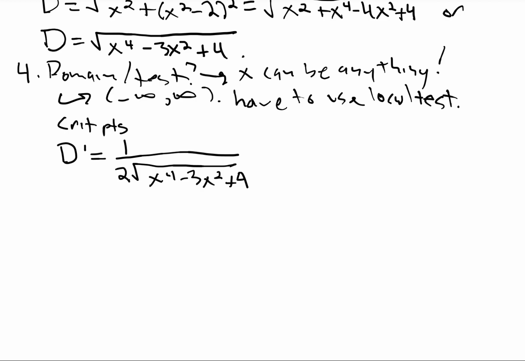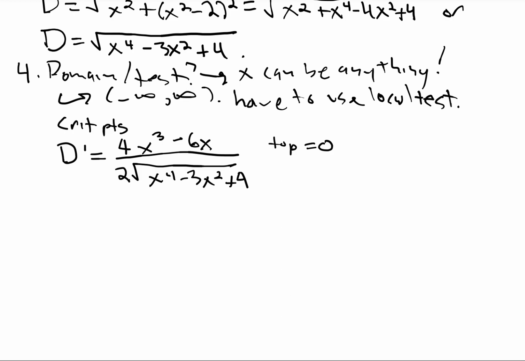This is all times the derivative of the inside. The derivative of that inside function, well, I can multiply it over here to the right of the fraction, or I may as well just leave it up top here and multiply it by the 1. My derivative of my inside is going to be 4x cubed minus 6x up top. Okay? Now some comments here. If I set my top equal to 0, well, let's see what we get.